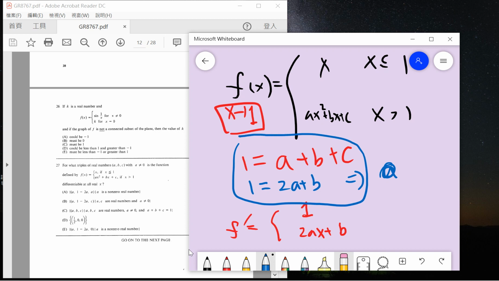We have three variables but two equations. So we need to solve it.